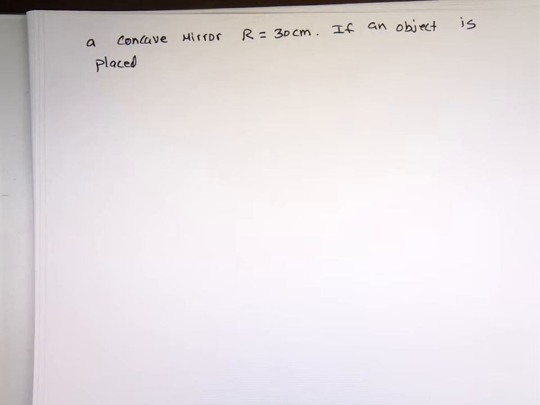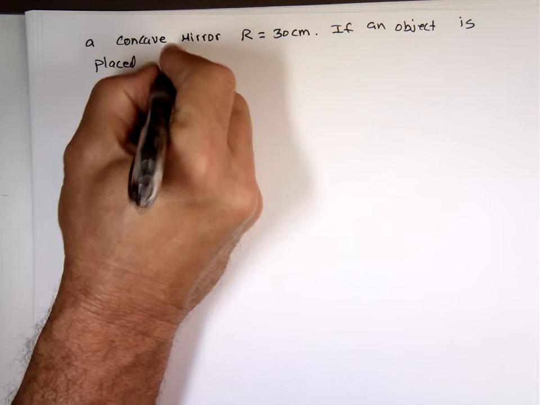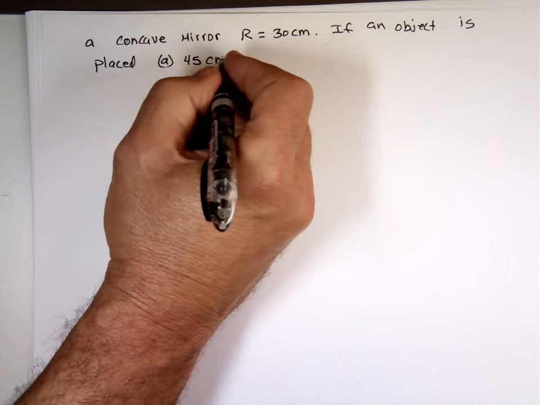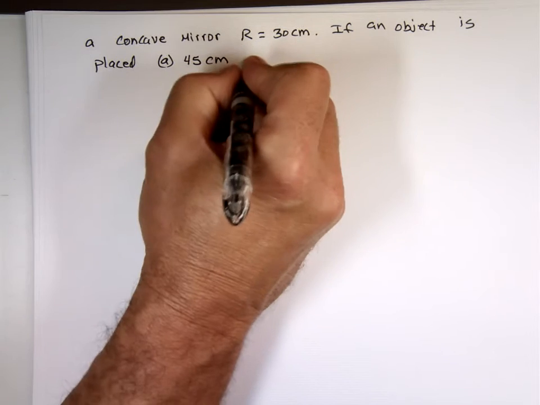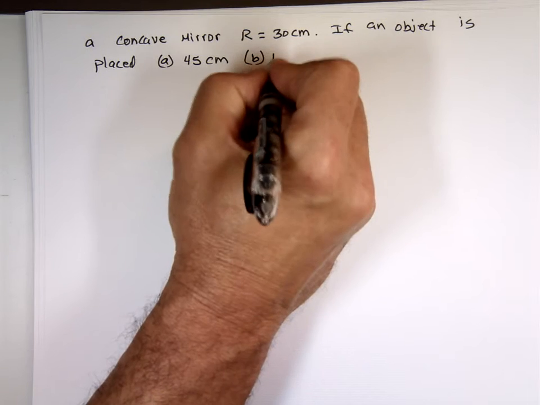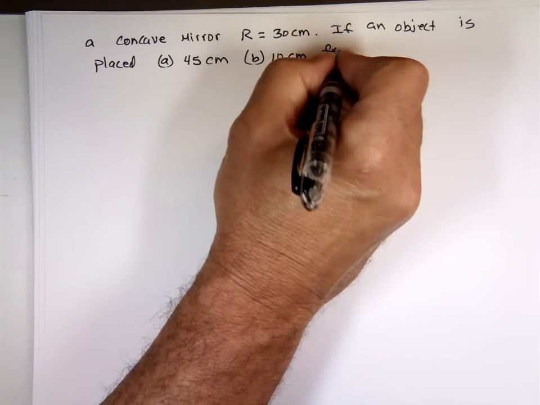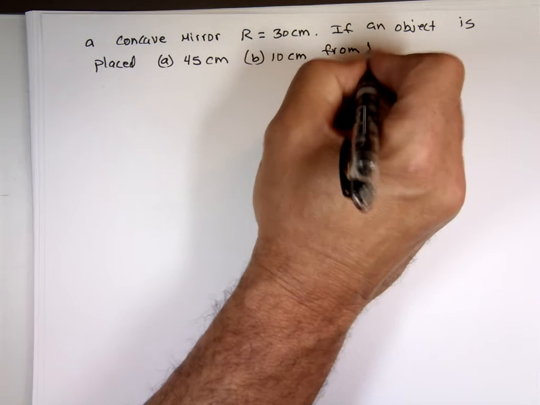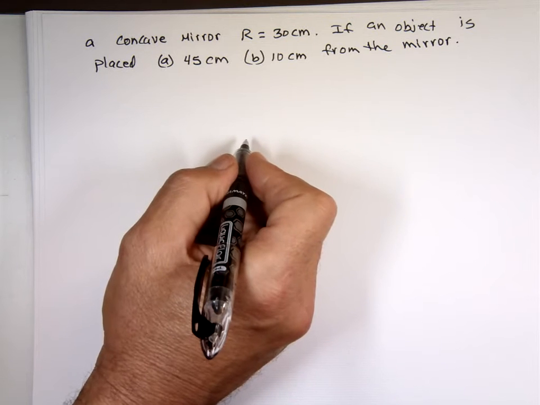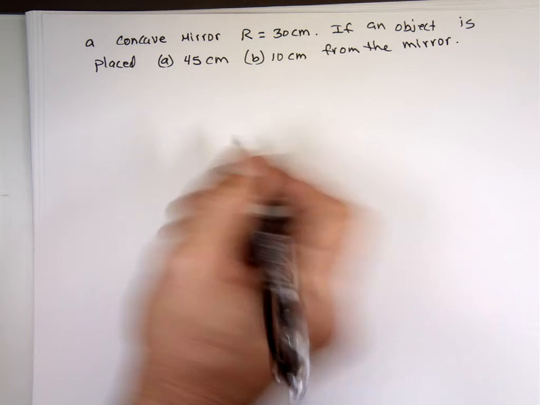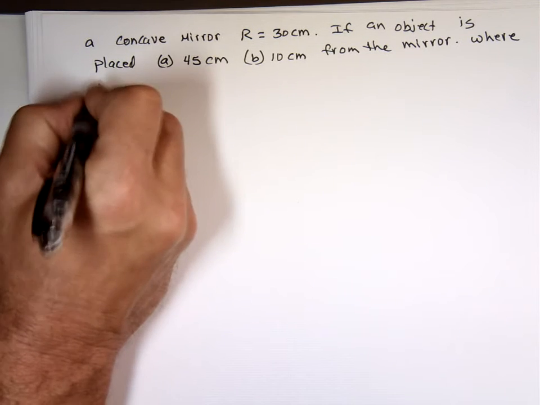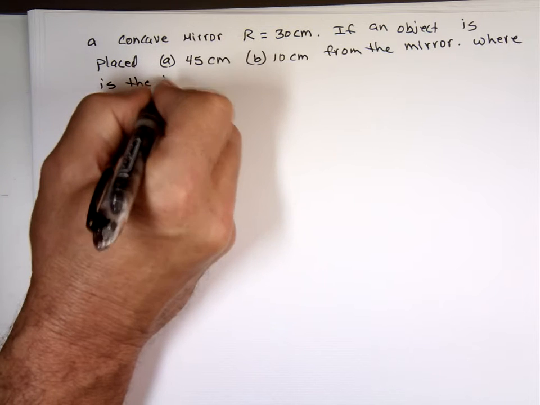The first time at 45 centimeters and the second time at 10 centimeters from the mirror. The question is, where is the image formed?